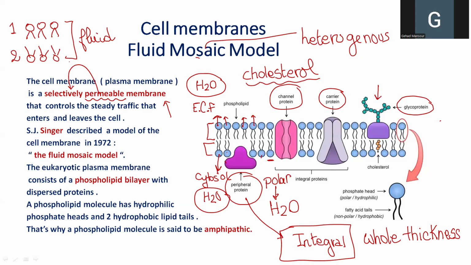So eukaryotic plasma membranes are represented by the fluid mosaic model, which indicates that we have a phospholipid bilayer with proteins that are dispersed along the surface of the cell membrane.